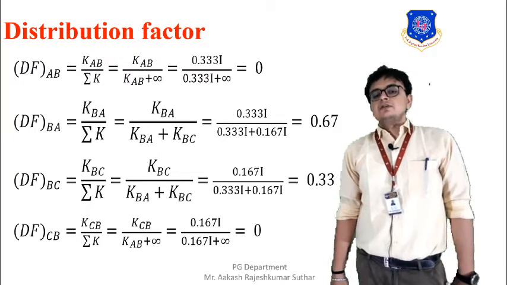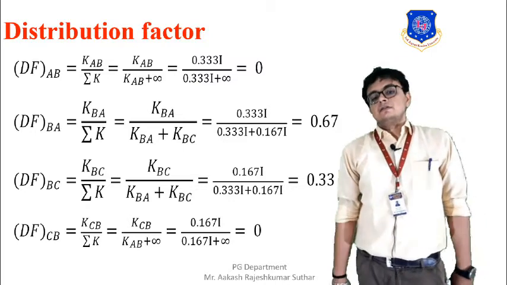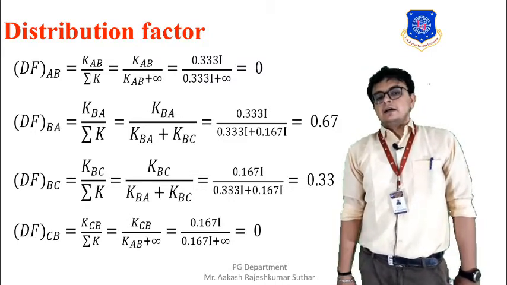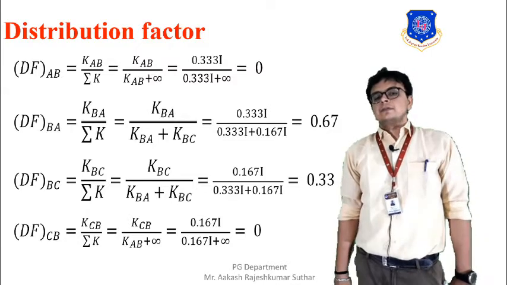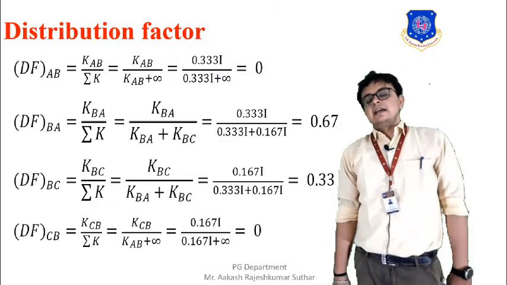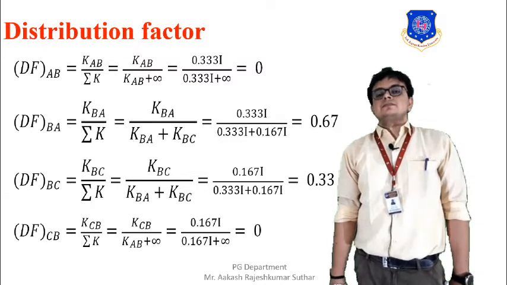Finally, while taking the ratio of KBA upon KBA plus KBC, we will be getting 0.67 as the distribution factor.